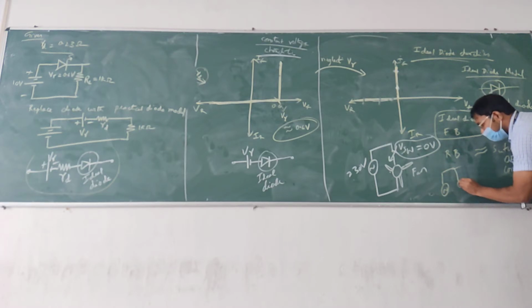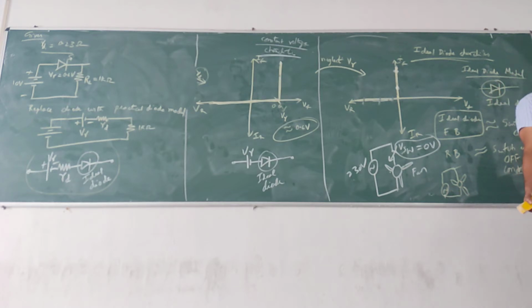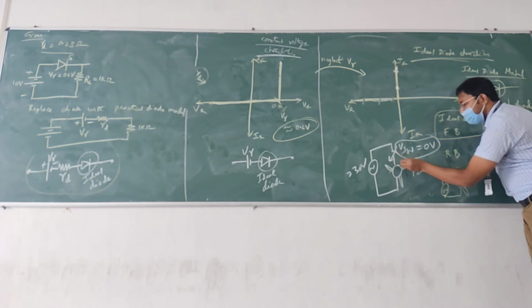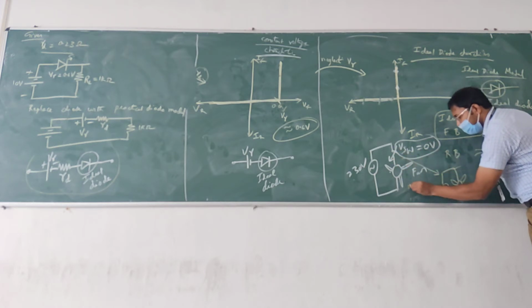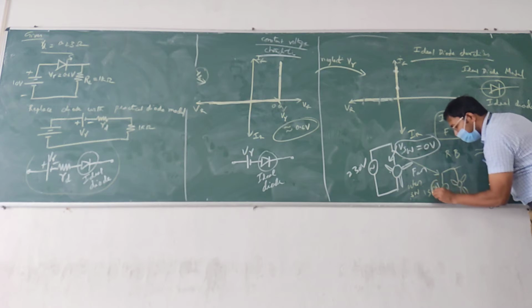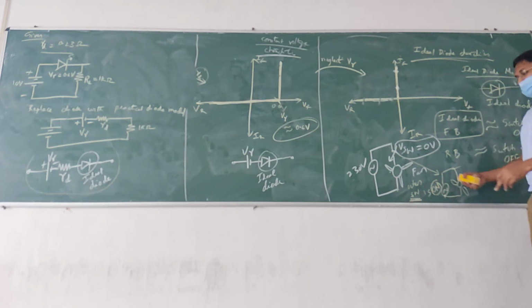Till the fan runs, both are the same. When the switch is on, this is the situation: the fan is directly connected to the 230 volts.